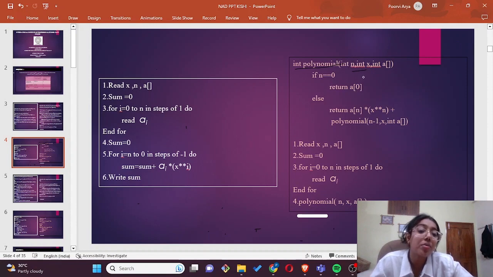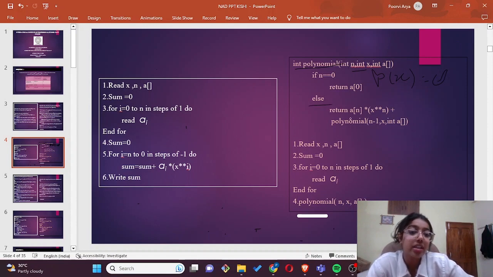Then if the polynomial p of x equal to 0, then we return as it is. Okay, then we return a of 0. Else, if it is not 0, then we return a of n into x to the power n plus the polynomial as it is.